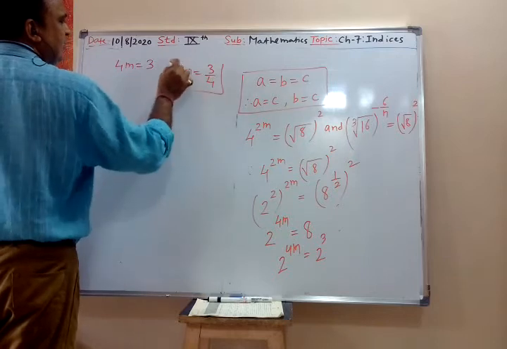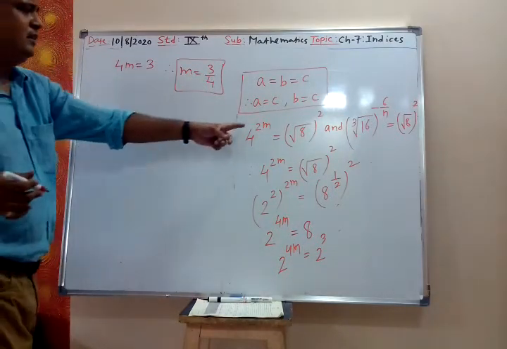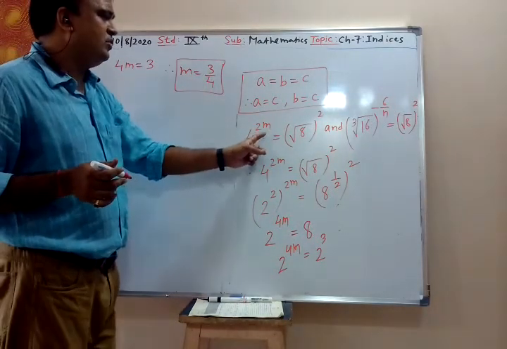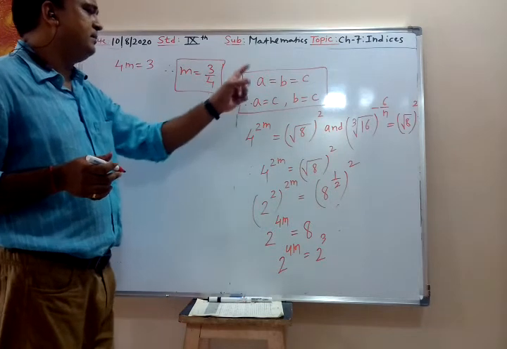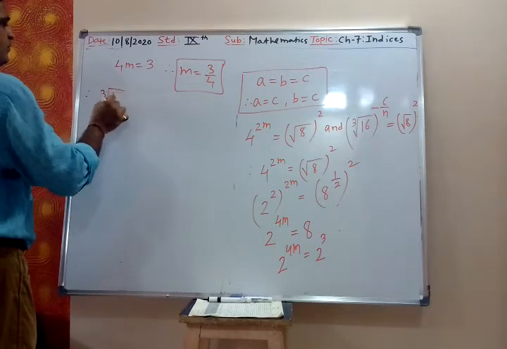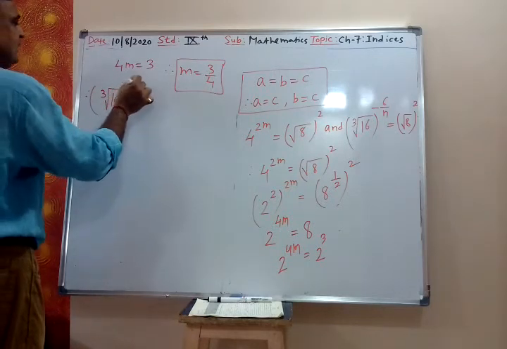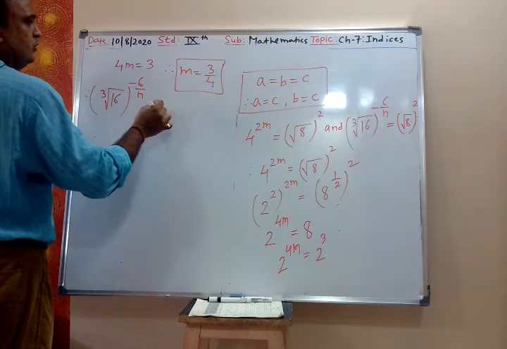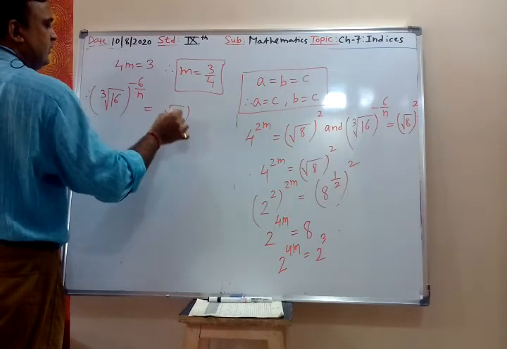So we have found the value of m. Equations are equal; that does not give you that variables will be the same. Now second, cube root of 16 raised to minus 6 by n is equal to root 8 square.